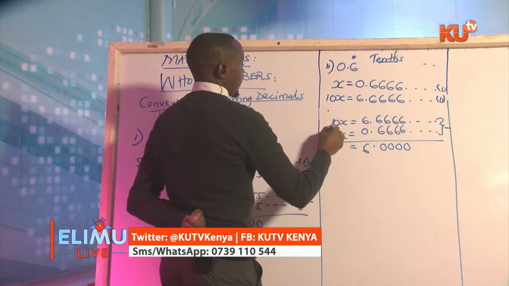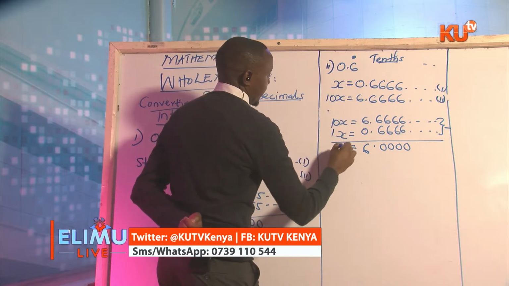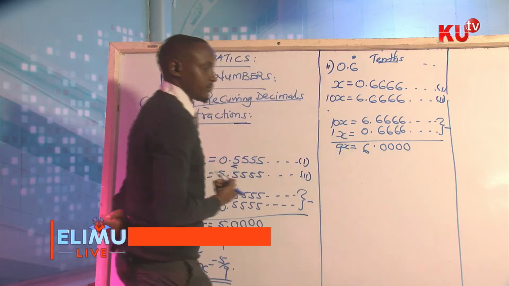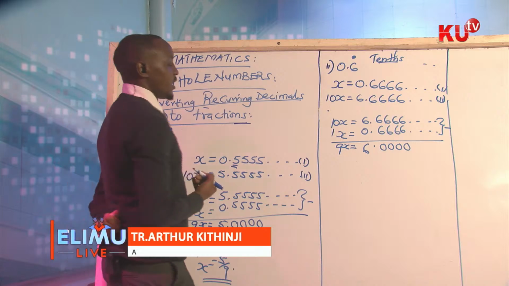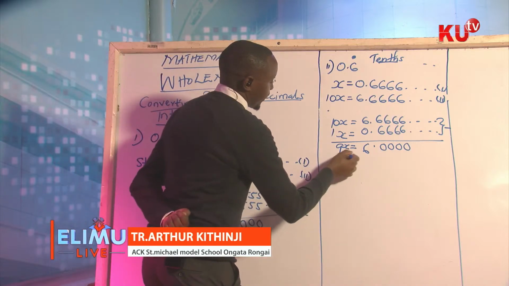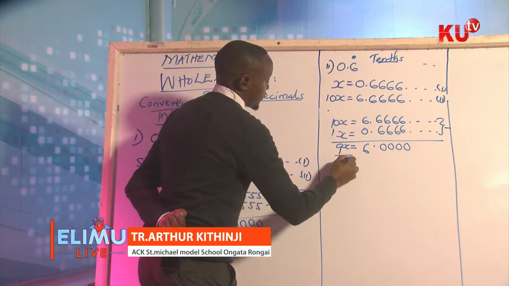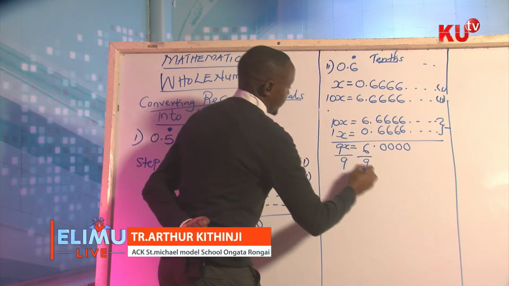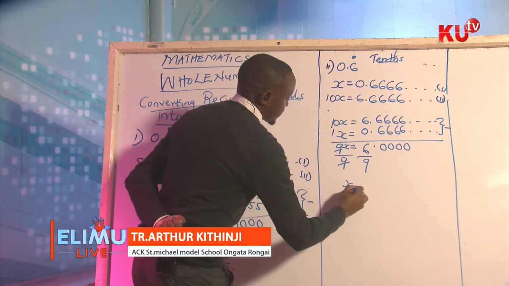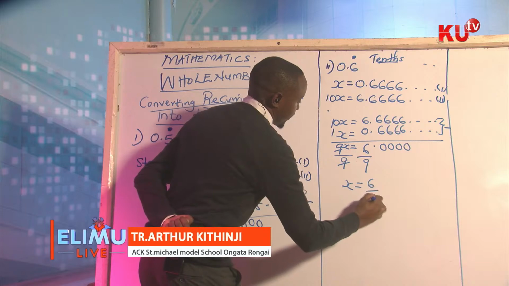And 10x minus 1x becomes 9x. What you're interested in is being left with x on one side, so we shall divide both sides by 9. When we do that, x equals 6 over 9.